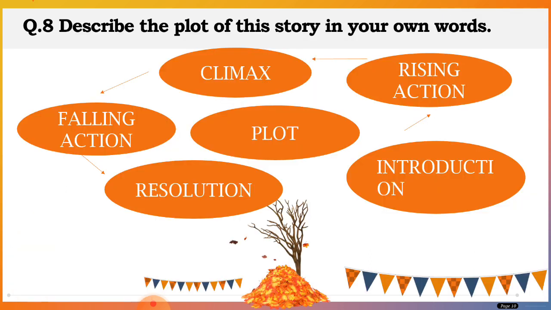Now, I would tell you what is meant by a plot. A plot is, you can say, an outline, or a plan which the writer makes before he intends to write a story. So, here in this case, the plot has five segments: introduction, rising action, climax, falling action, and resolution.